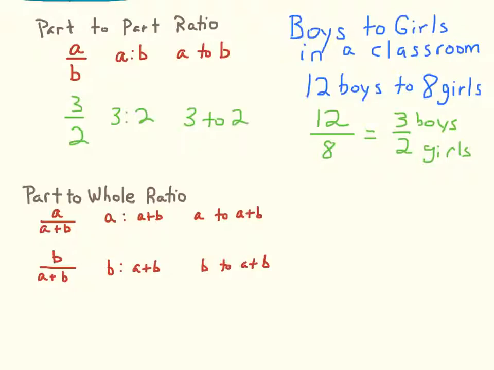Now let's say that we were going to use those same numbers, that same relationship, to talk about the other type of ratio, which is a part-to-whole ratio.